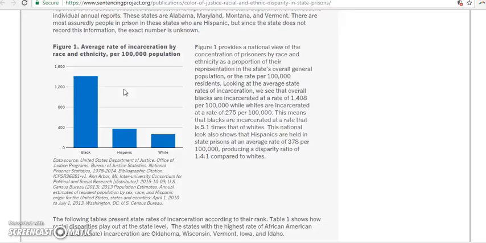But here's the thing. Data doesn't tell a story by itself. People tell stories from data. So we track this information, who's being incarcerated, and we know all sorts of things. We know their gender and their age, their race and ethnicity, their crime, and so we have all this data about it.